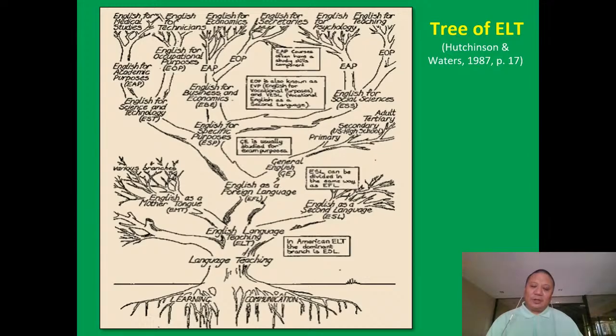And from then on, it branches to several branches. Okay, so you have English for specific purposes or general English. When you have English for specific purposes, you have English for science and technology, English for business, English for occupational purposes, English for academic purposes, and many others.